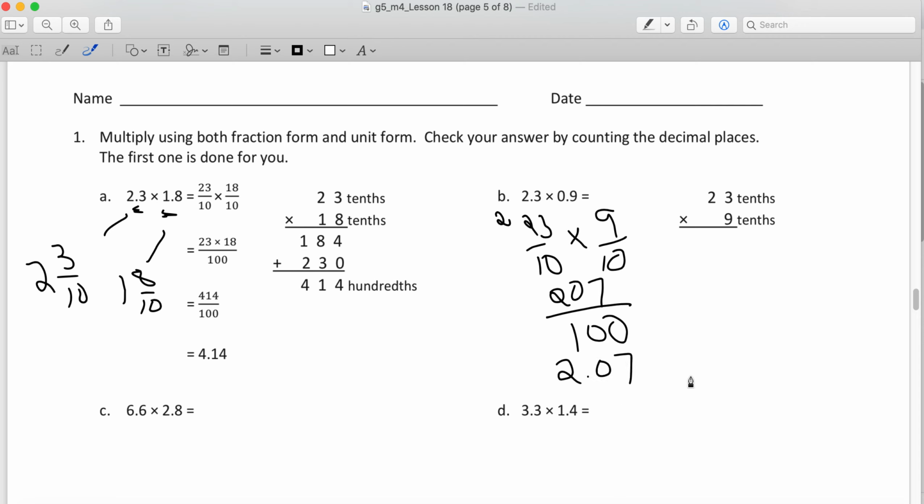Look at that. The intermediate step that the book did not write down was 2, and what was left over? 7 hundredths. I went straight there. Here I would go straight there in this particular case.